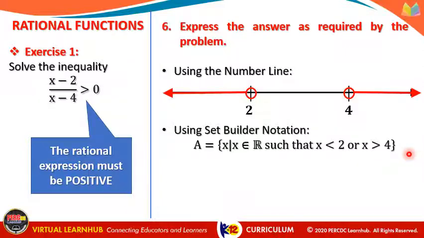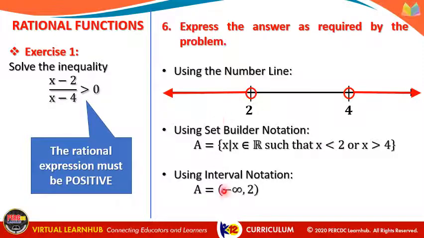Lastly, if let's say you want to express this as an interval notation, as you can see, dalawang partitions tayo. Yung isang partition from negative infinity to positive 2. So therefore, maglagay lang tayo ng negative infinity to positive 2. Basta infinity, negative man or positive, ang gagamitin natin, parenthesis.